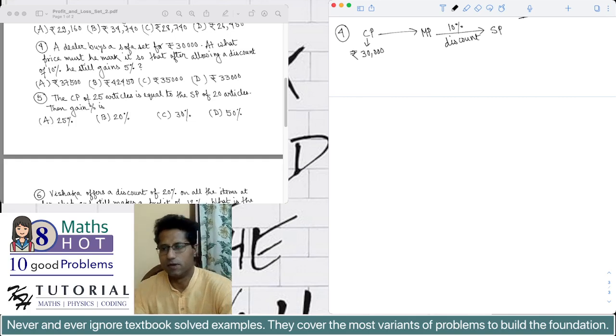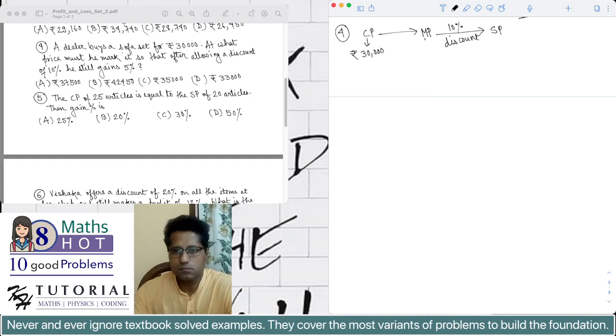And the gain and profit is always based on the selling price and the cost price. Okay, we know the cost price, we don't know the mark price, we have to find mark price. We know there is a discount of 10% to be applied on mark price to get the final selling price. And we also know that the selling price must be 5% more than the cost price because there is a gain of 5%.